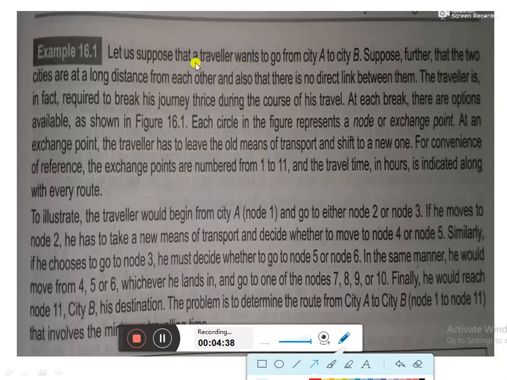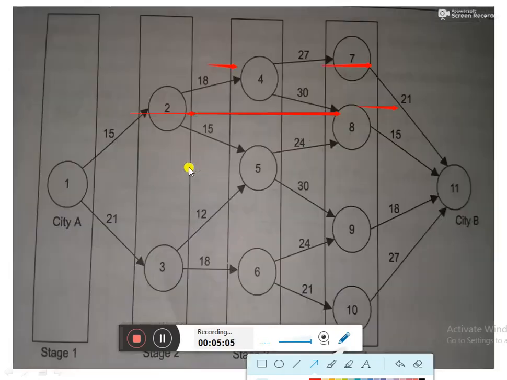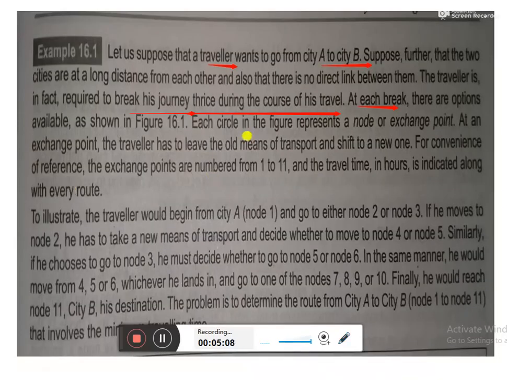Suppose there's a traveler who wants to go from city A to city B. The traveler has to break his journey thrice during the course of his travel from city A to city B. And at each break there are options available, as shown in the figure. At each breakpoint, the traveler has to exchange the means of transport.